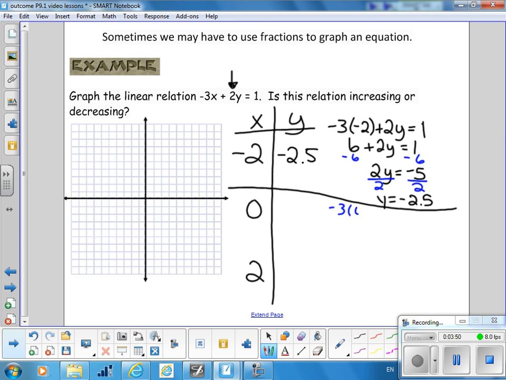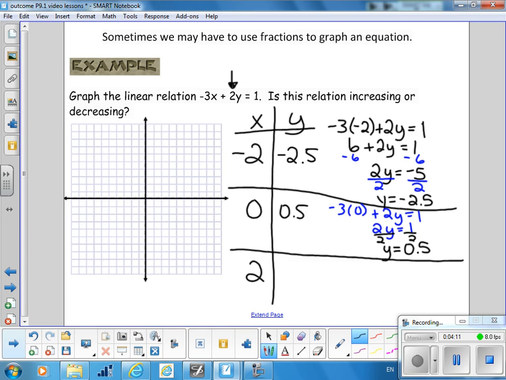Now we do the same thing with 0. -3 times 0 plus 2y equals 1. -3 times 0 is just 0, so we have 2y equals 1. Inverse operations, we need to divide by 2. y equals 0.5. And again, 0.5s are not hard to work with on a graph. So our last one is to substitute +2 into our equation.